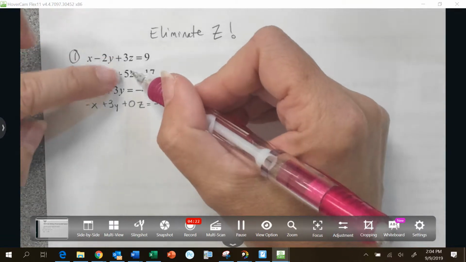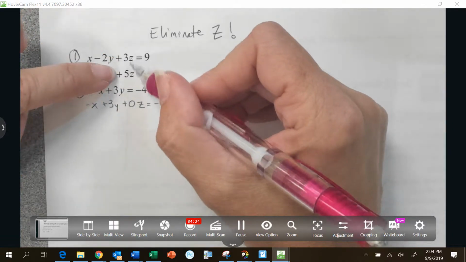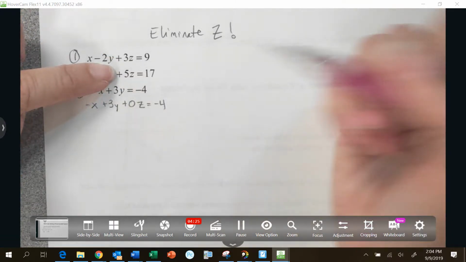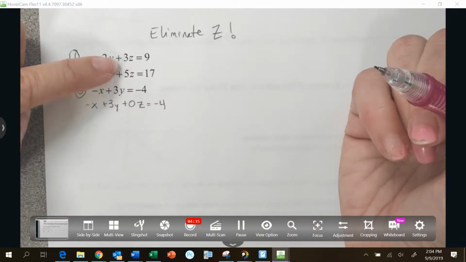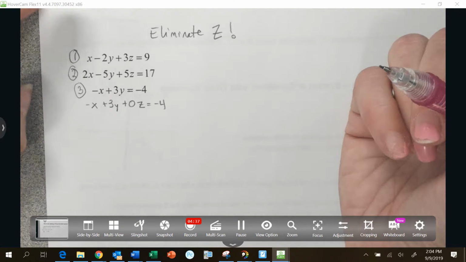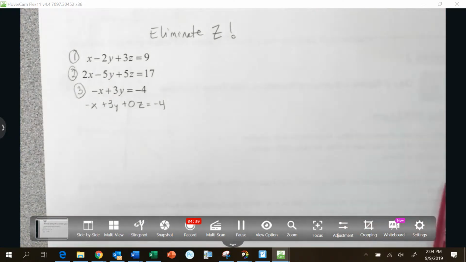So in order to eliminate z, both z's have to have what number? 15. Now, that would be nice if they were both 5 or both 3, but I'd have to multiply by a fraction, and I don't want to do that. So we're going to multiply by something that makes them both 15.